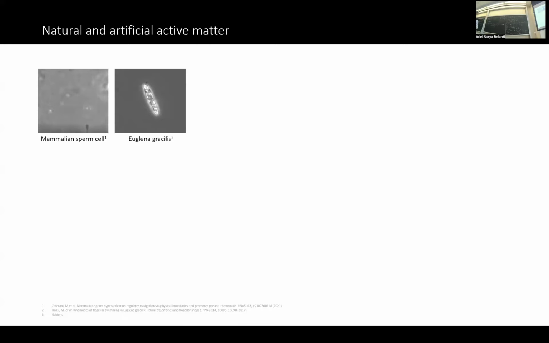For example, here we see a sperm cell which swims moving its flagellum, and there are flagellated cells, organelles, which have a different flagellum.